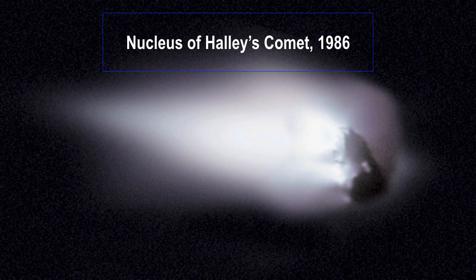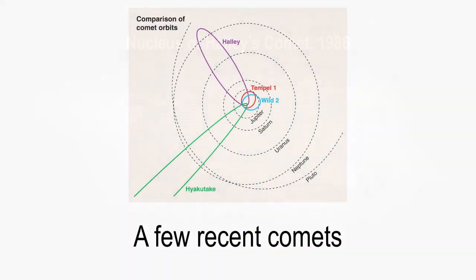Now, we're going to talk about comets on Thursday, and actually we're talking about them now, so this is the first part of your notes on comets. And here's a picture of some recent comets, and you can see that Halley's Comet goes just past the orbit of Neptune.